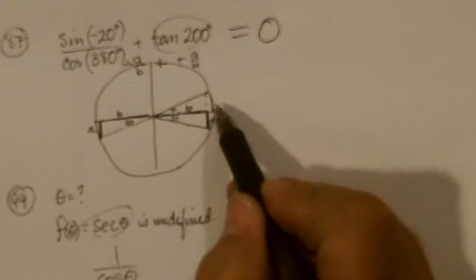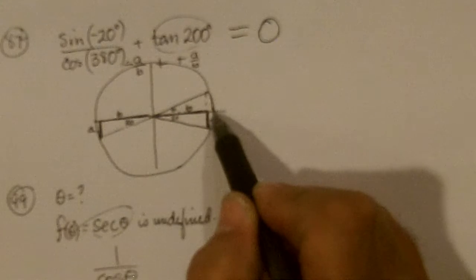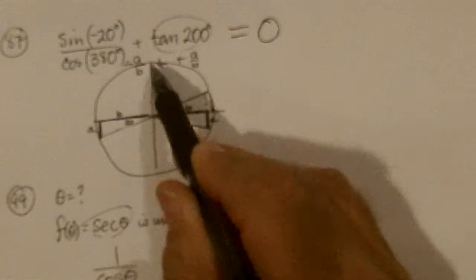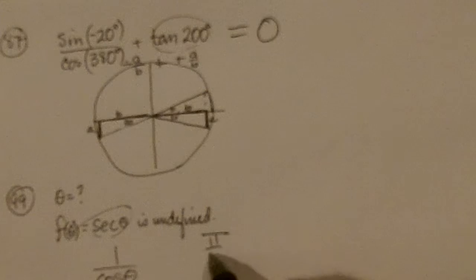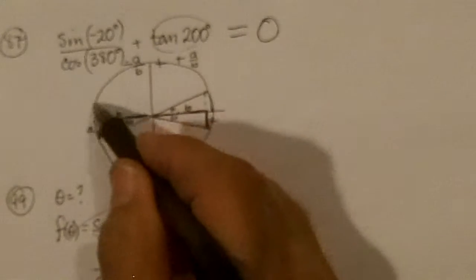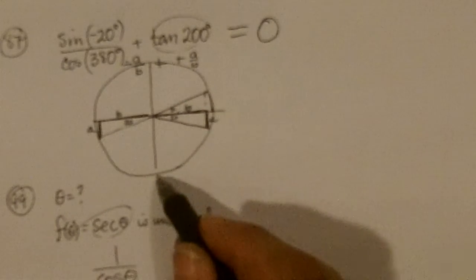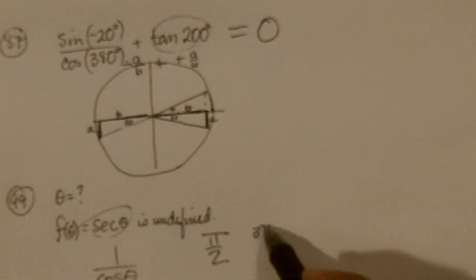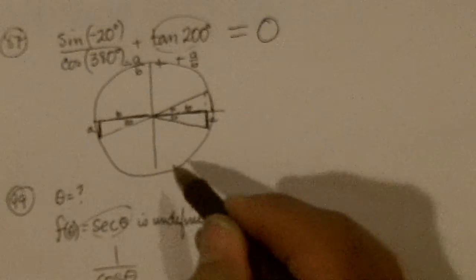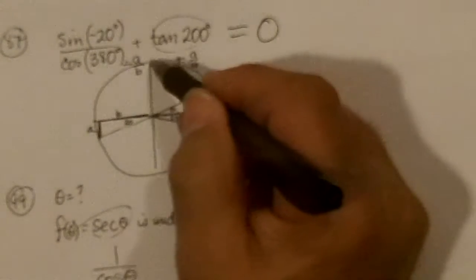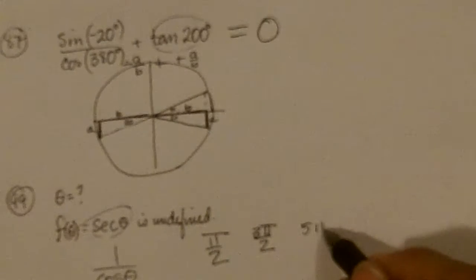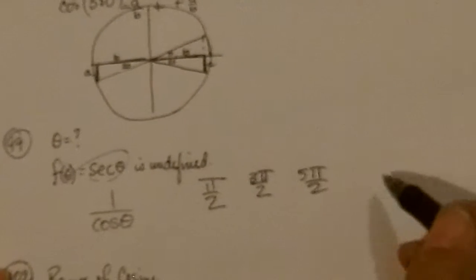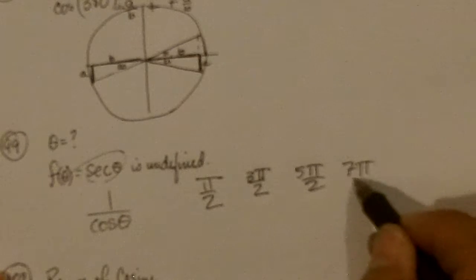Well, cosine is the x-coordinate, so x is 0 at pi over 2. Not at 2 pi over 2, but 3 pi over 2. And then not at 4 pi over 2, but 5 pi over 2. And 7 pi over 2.